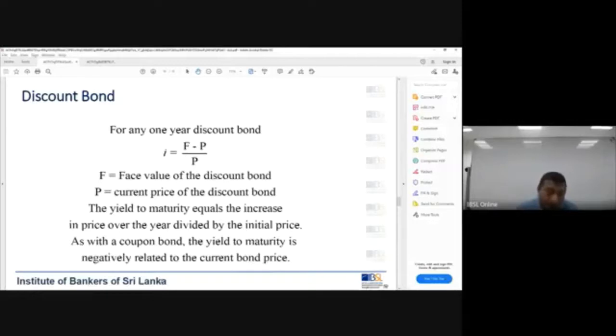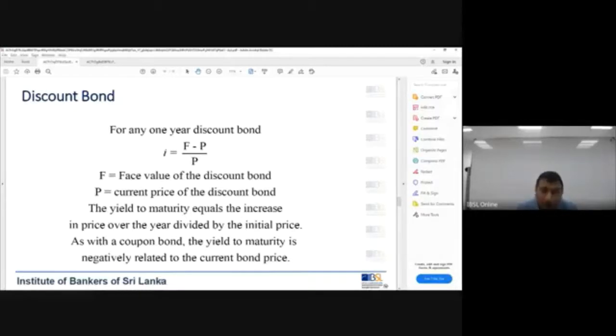Okay, so it could be either a premium price, a discount price, or par value. That's the general bond purchase prices. But discount bonds always carry a price that is below their face value. And mostly the treasury bills are discounted financial instruments.